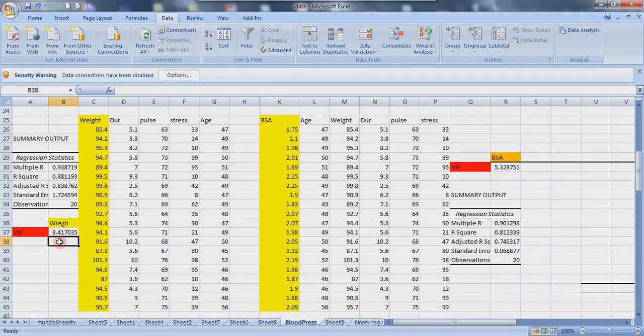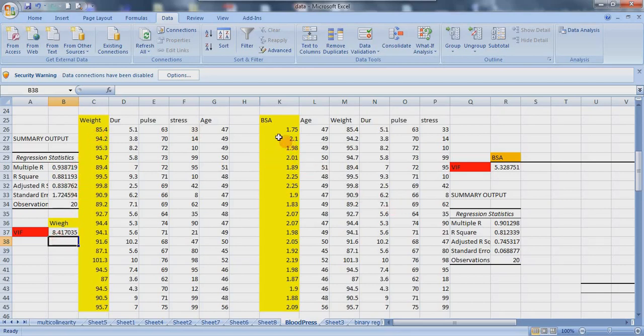But when it's close to 1, it's not something to be worried about. In this case, our VIF is 8. 8 is not too far from 10, so at least we can still say there is a good measure of multicollinearity as far as weight is concerned.